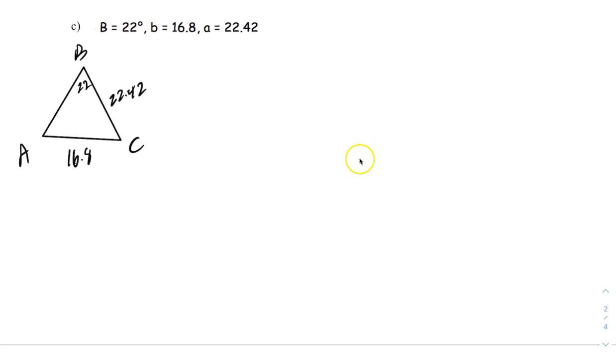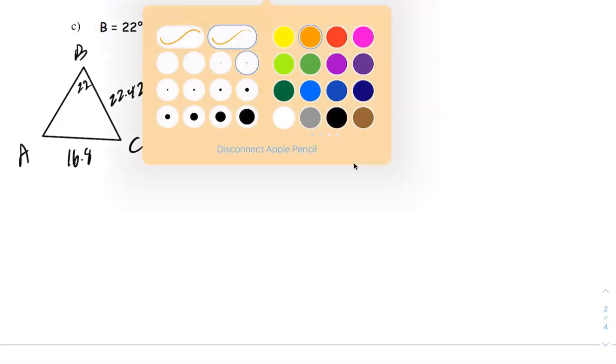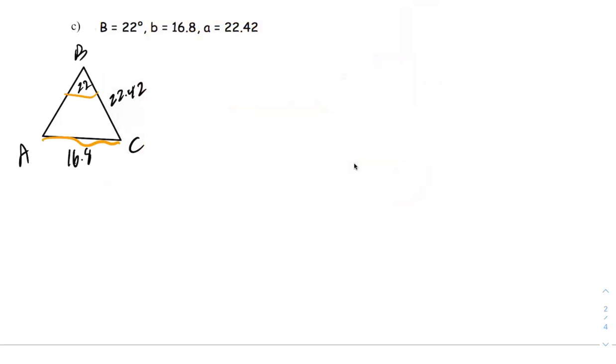Okay, so those are our sides. And once again, we have all the B's, and we're looking for A. So 16.8 over sine of 22 equals 22.42 over sine of A. I messed that up, sorry guys.